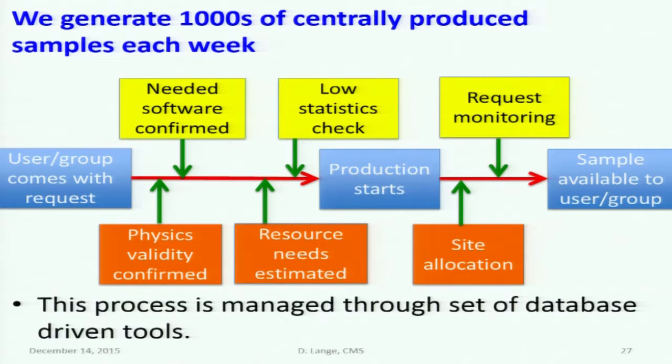In bulk, things work really well because they are managed through a set of database-driven tools. And so when things are working, everything's great. But I think from our point of view, there are a few challenges left.